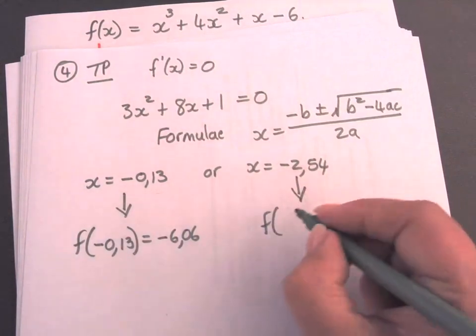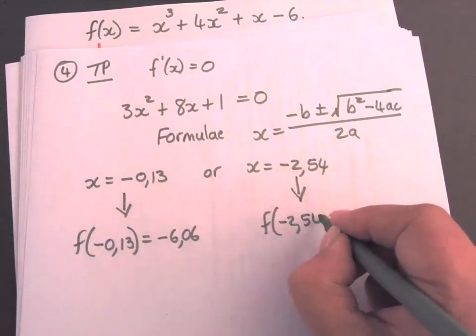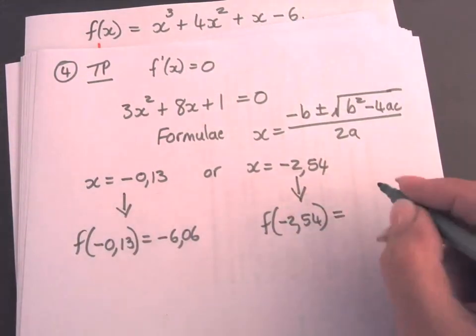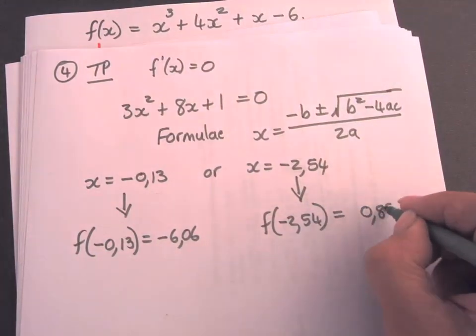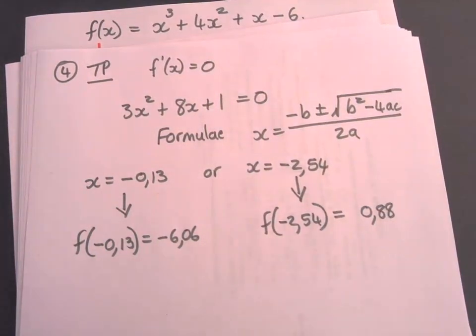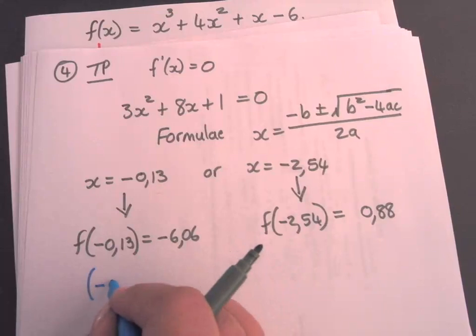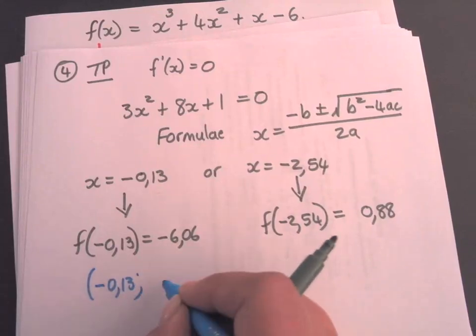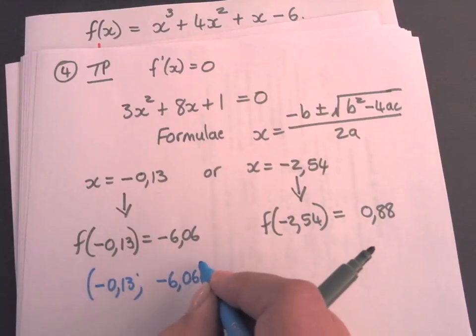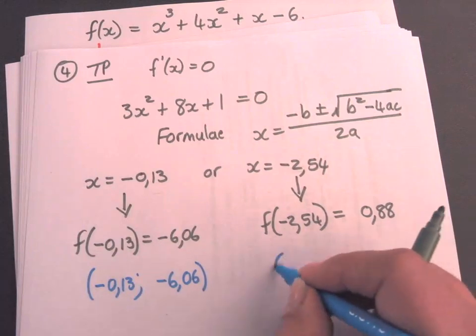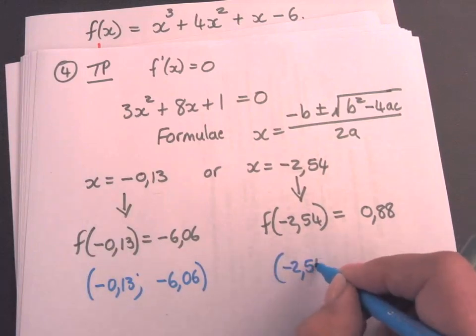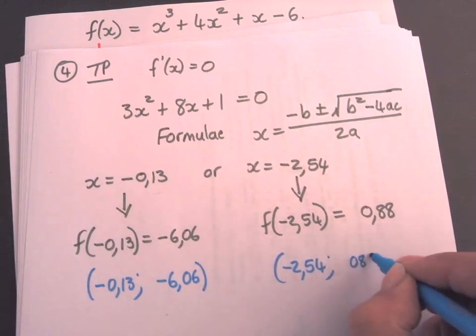I substitute minus 2,54 into f, and then I get 0,88. So my two coordinates will be negative 0,13, negative 6,06, or negative 2,54, 0,88.